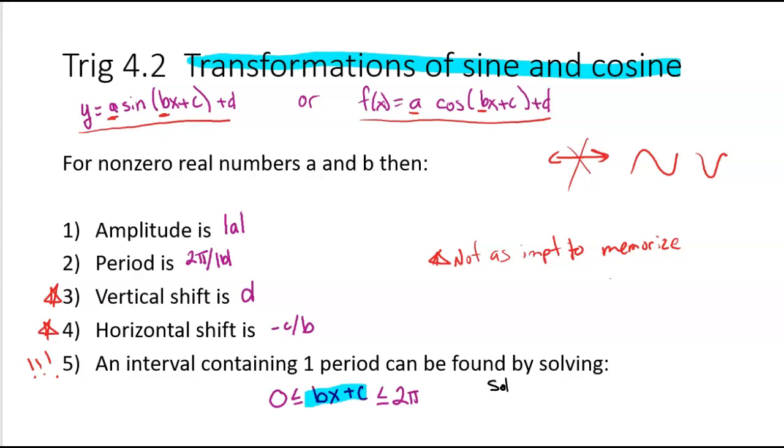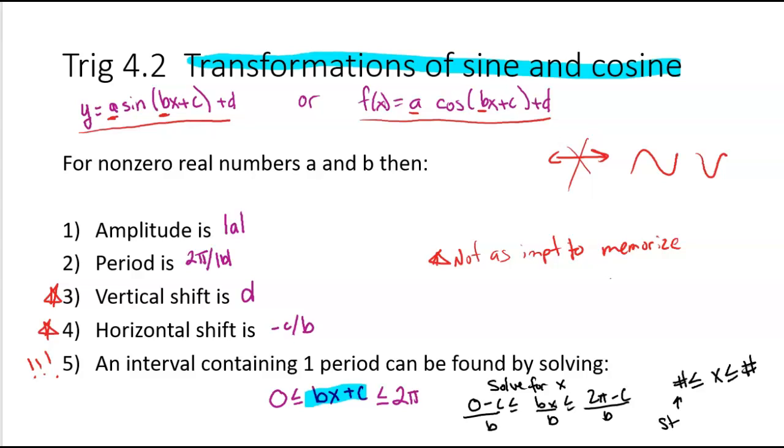So we'll be solving for x, which means we'll subtract c from both sides. So we'll say 0 minus c, whatever that value is, and then 2 pi minus c, and then I'll divide everything by my b value. Whatever numbers I get, I'll have x between them.